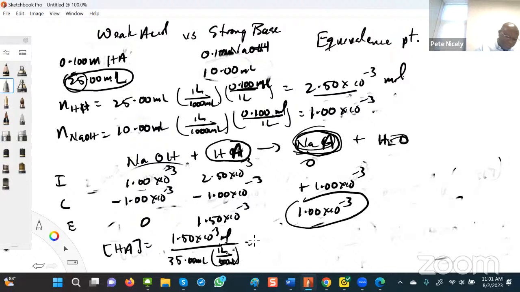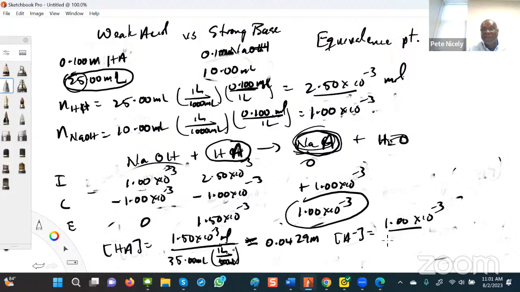And let's see what that gives. So that's 1.5 times 10 to the minus 3, and then we divide by 35, divide by 1,000. Okay, so according to my calculation, I got 0.0429 M. And then I do the same thing for the conjugate base, which is 1.00 times 10 to the minus 3 over 35.00.